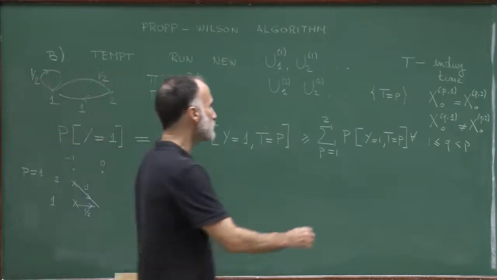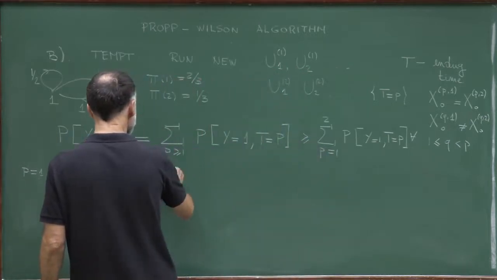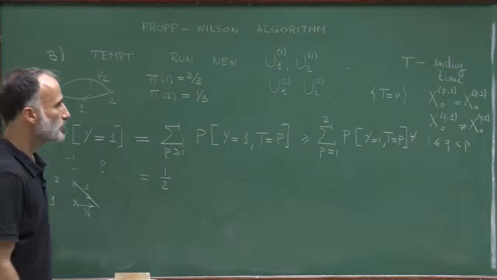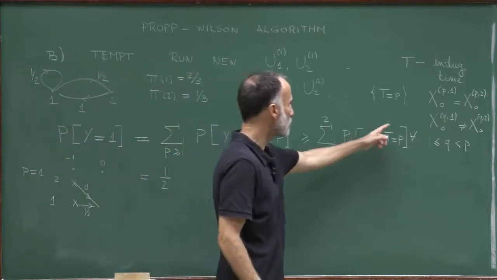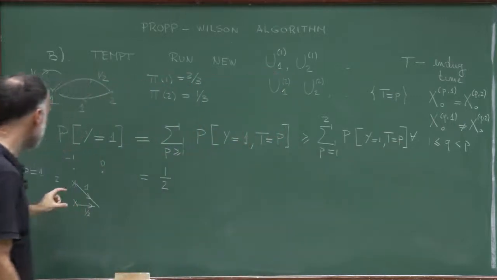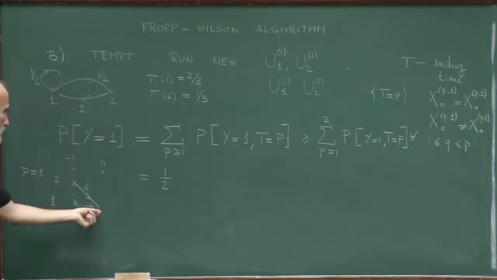So this probability here, with p equal to 1, is equal to 1/2. Correct? So this is the probability that t is equal to 1 and y is equal to 1. With probability 1/2, 1 jumps to 1 and 2 jumps to 1. So they met at time 0 and they are at 1.